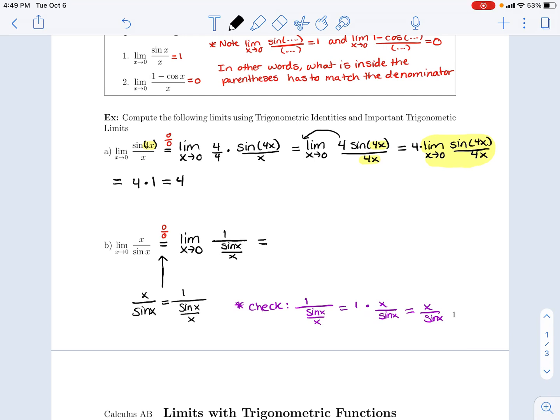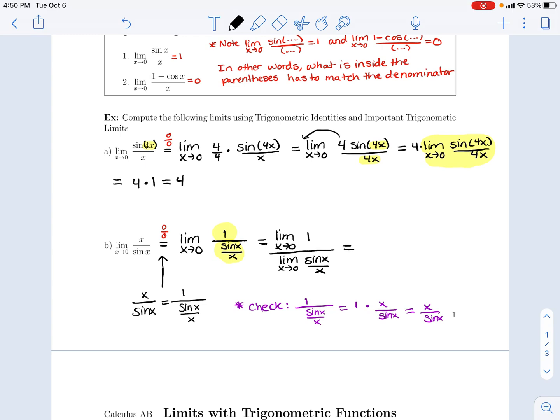Because what I have is a quotient, because I have something divided by something. All right, and so what I'm going to do is I'm going to say, well, then this is the limit as x approaches 0 of 1 divided by the limit as x approaches 0 of sine of x over x.